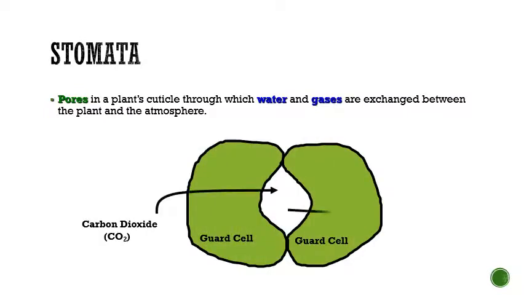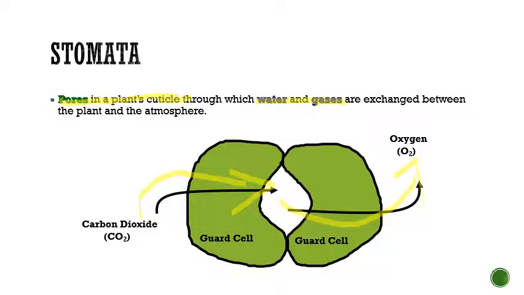Now coming to stomata. These are pores present in the plant's cuticle through which water and gases are exchanged between the plant and the atmosphere. At the start of photosynthesis, the carbon dioxide will be entering the cell, and at the end of the process, the oxygen gas is released through the same stomatal pore.